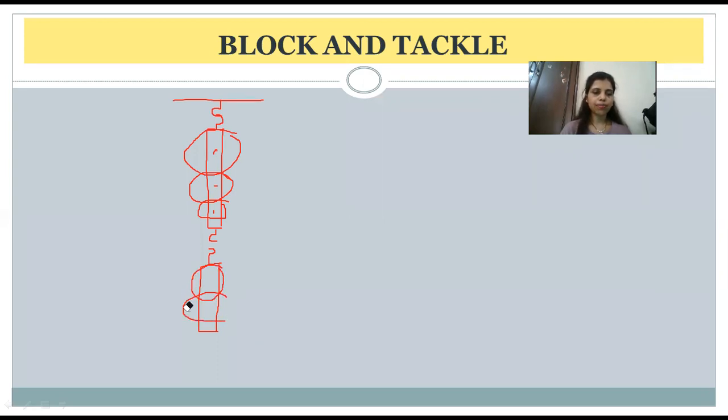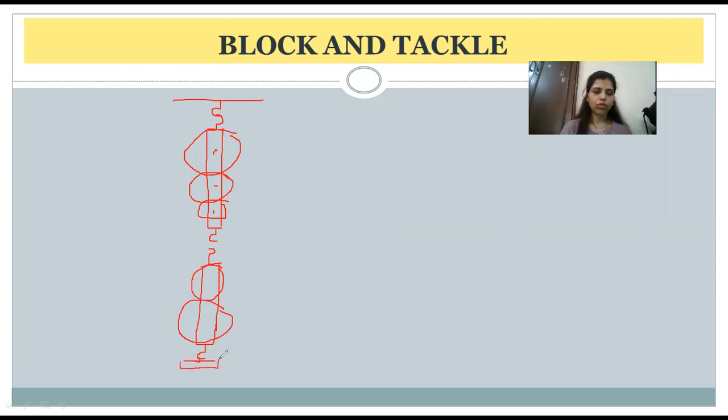Draw with the gap. Little bit longer I'll draw. And then you have to draw it with a gap. It has to be inside, and here the hook has to be there. Then with the hook attach the load.